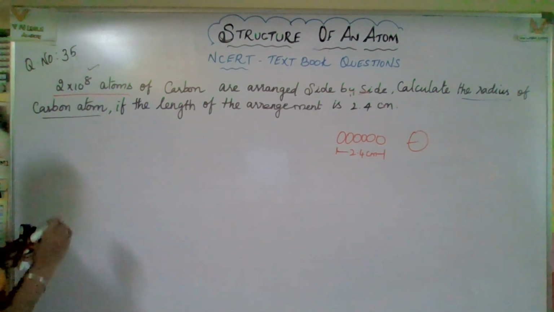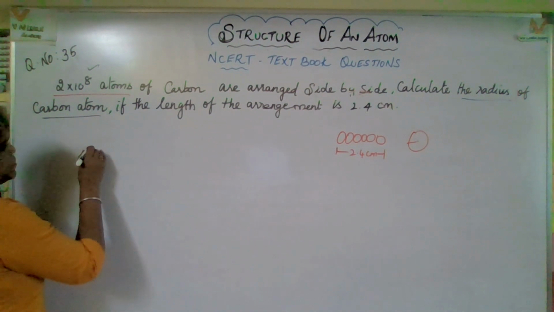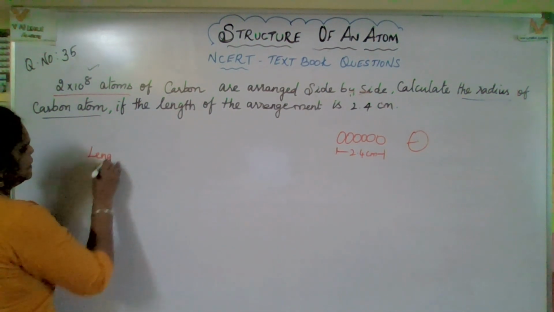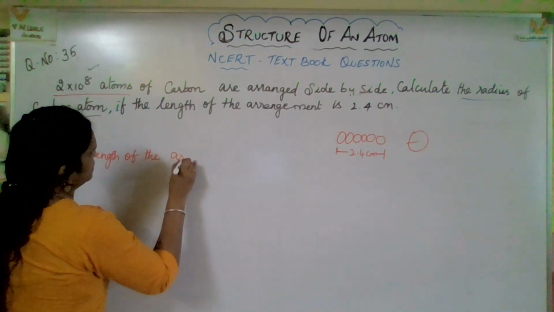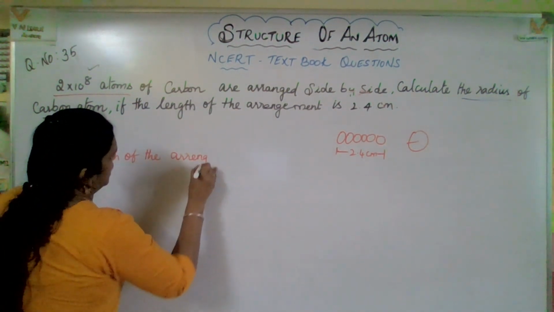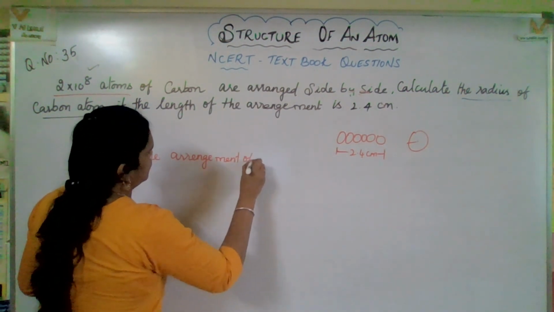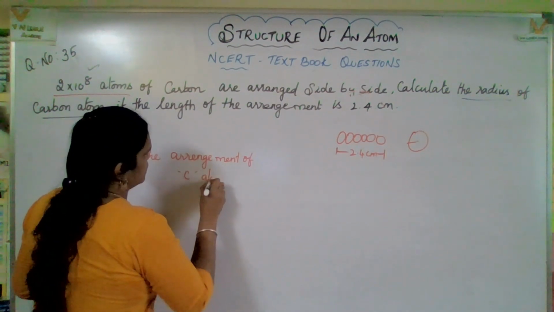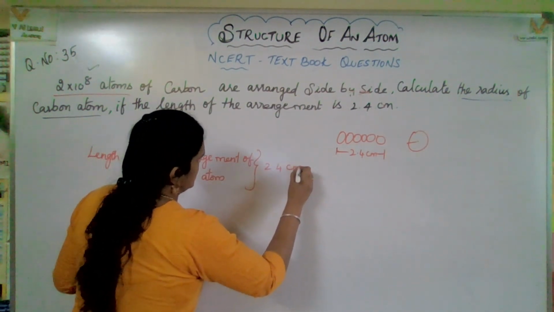I hope you got an idea. Now, let us find out the length of the arrangement first and foremost. The length of the arrangement of carbon atoms is 2.4 centimeter.